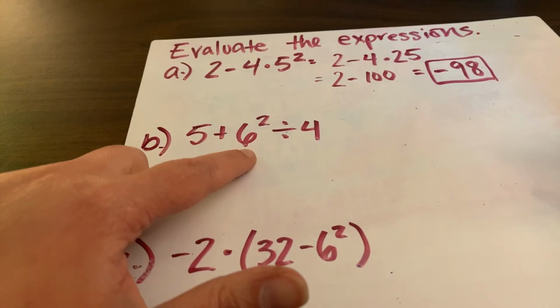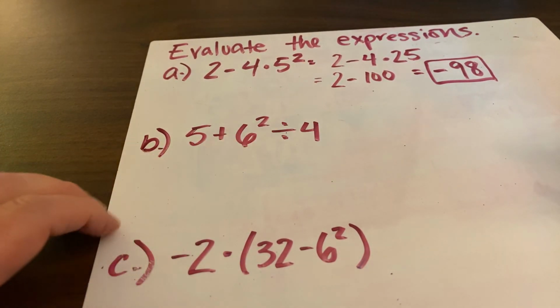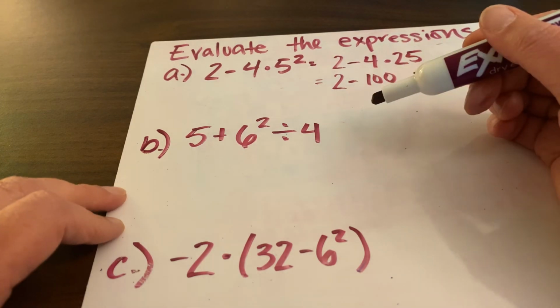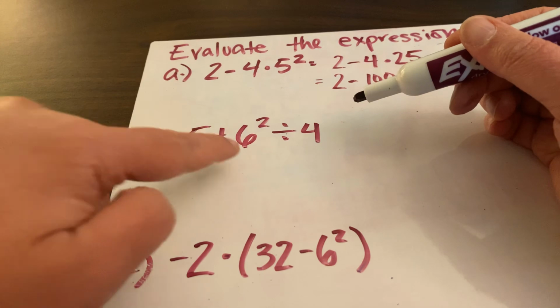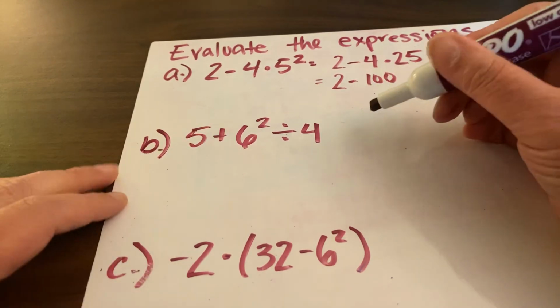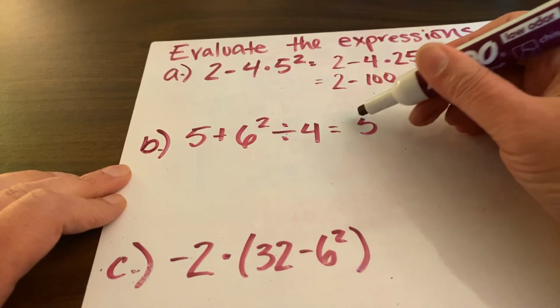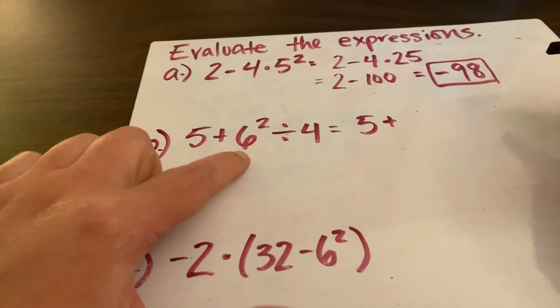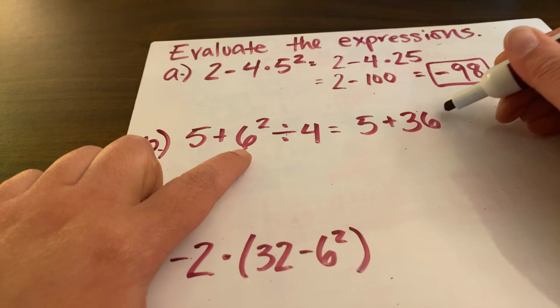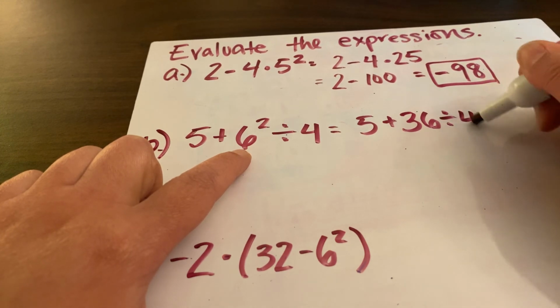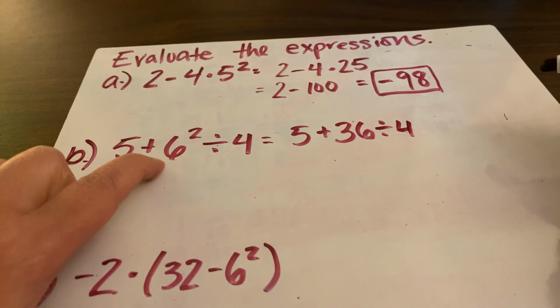We have 5 plus 6 squared divided by 4. Are there any parentheses? No. Exponents? Yes. 6 squared. So we will write this as 5 plus, what is 6 squared? 6 times 6 is 36. And then we write down divided by 4. Okay.